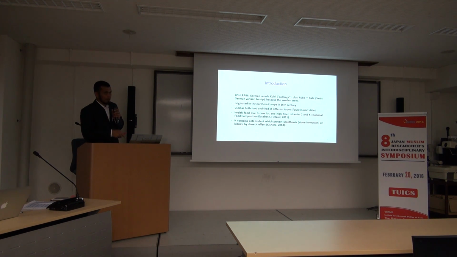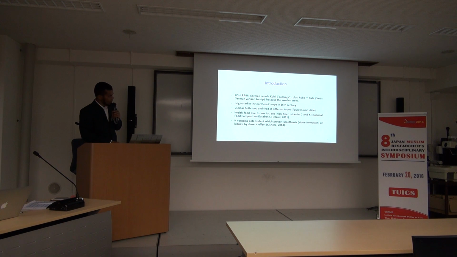Kohlrabi is a word from German, and kohlrabi is a brassica crop. It's a vegetable crop that originated in the 16th century in Europe, used as food and also animal feed. It's very healthy food because it contains a high amount of fiber, vitamins and minerals.